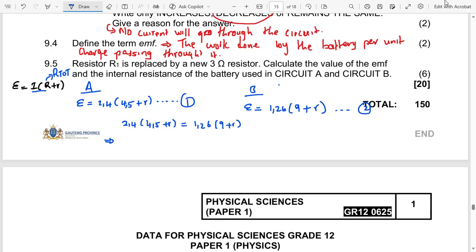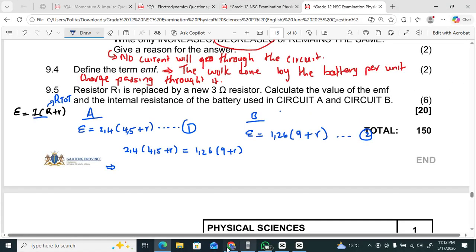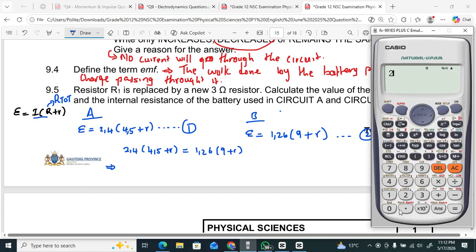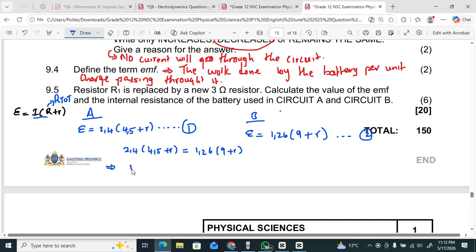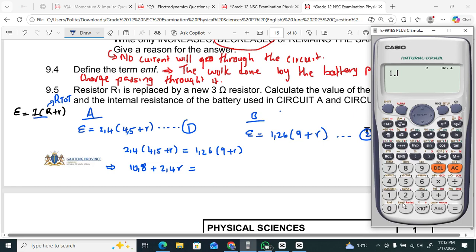2.4 times 4.5. I'm multiplying out the bracket with that 2.4. This gives me 10.8, so this will be 10.8 plus 2.4 times R, that's 2.4R. It's equal to 1.26 times 9. 1.26 multiplied by 9 gives us 11.34.